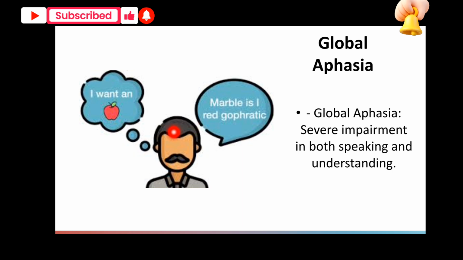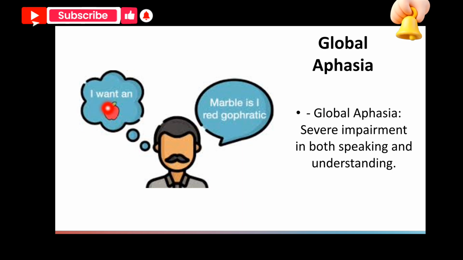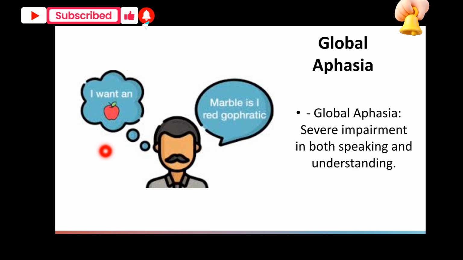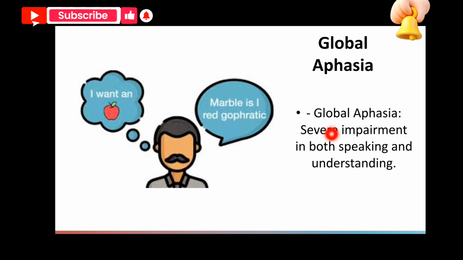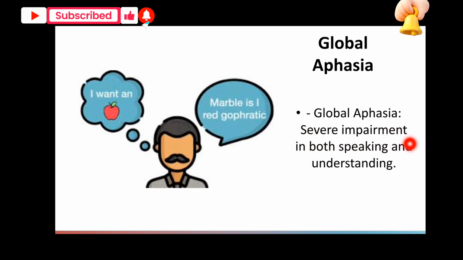Global aphasia. You probably can say, I want an apple, okay? But the rest is nonsensical. So global aphasia means severe impairments in both speaking and understanding.